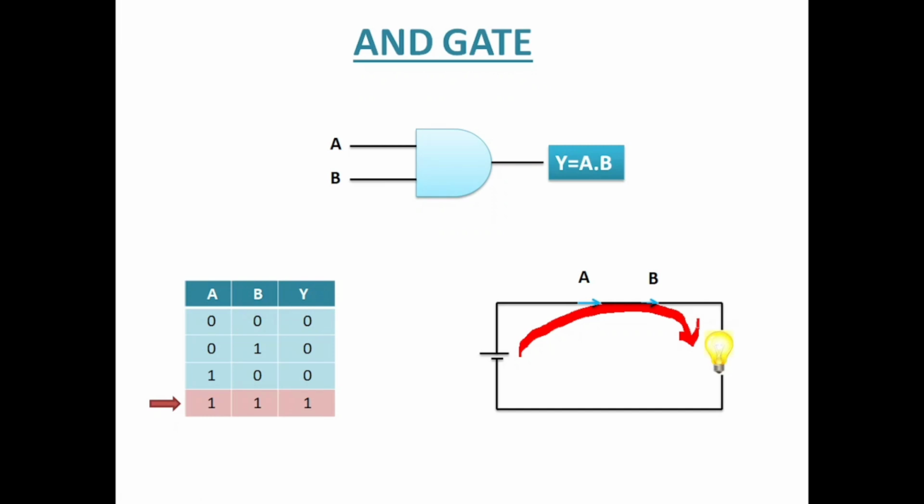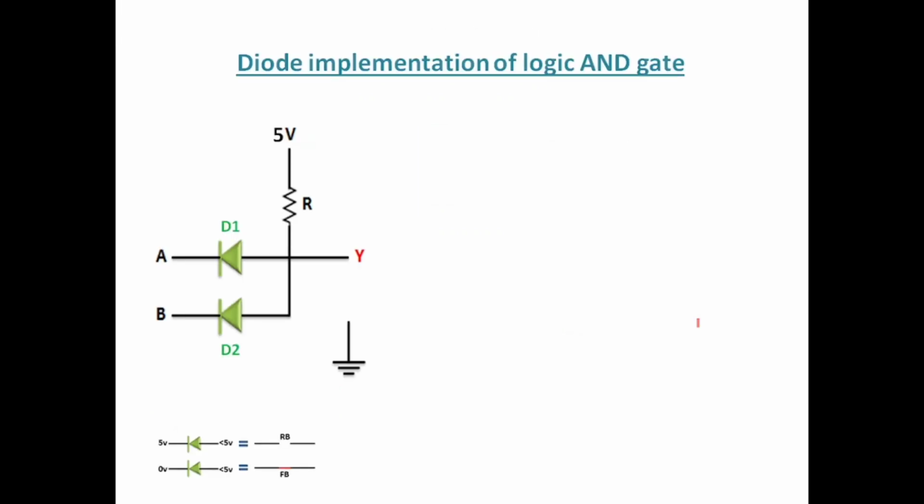So we can easily see here that LED glows, that is the output we get is high, only when both the input are high.